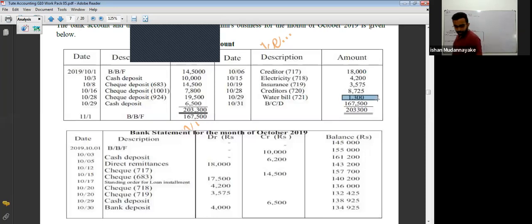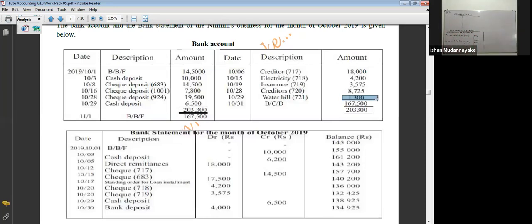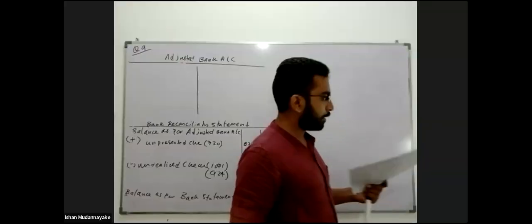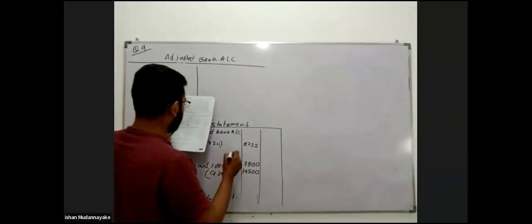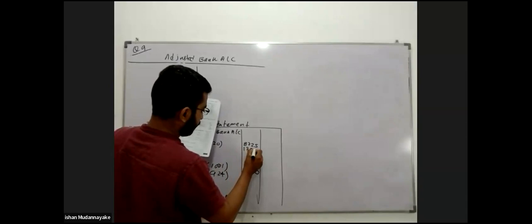And that 1,300 check also is not available in the bank statement. Then that check also is an unpresented check, check number 721. Another unpresented check 1,300, check number 721.